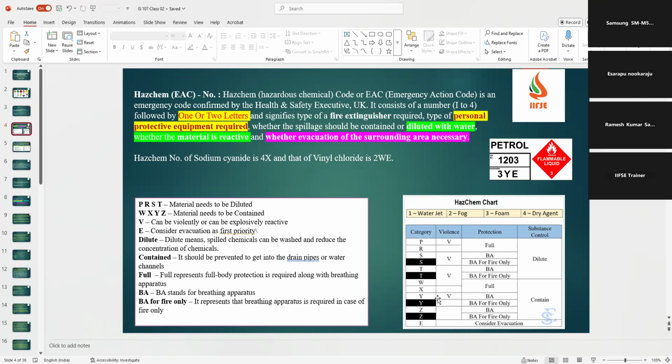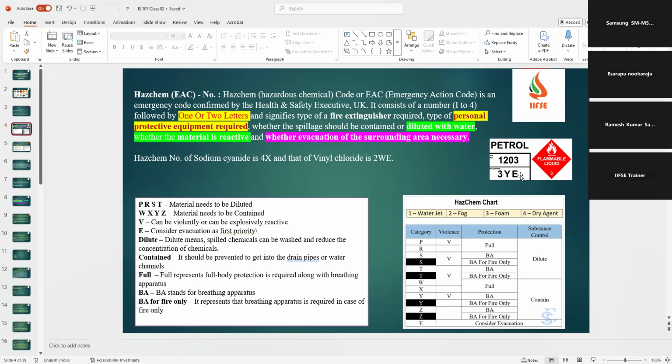Then Y means breathing apparatus is required as protection. V means it can react violently or have an explosive nature. And E indicates evacuation is required in case of any accident with this chemical.